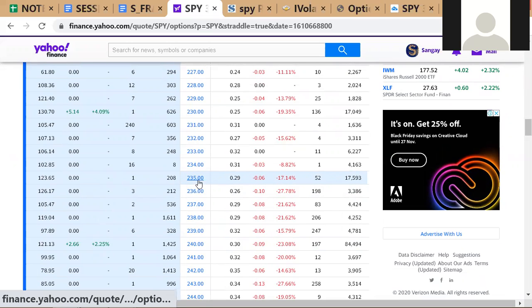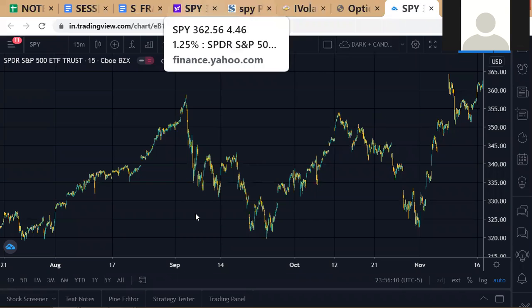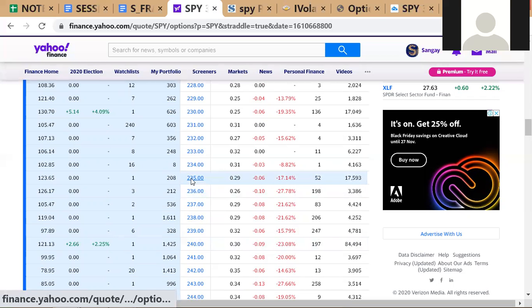So there's a 235 put on the SPY at a time when the underlying is 362 or 363. This 235 strike put is out of the money, but it does have some value. It is 29 cents.